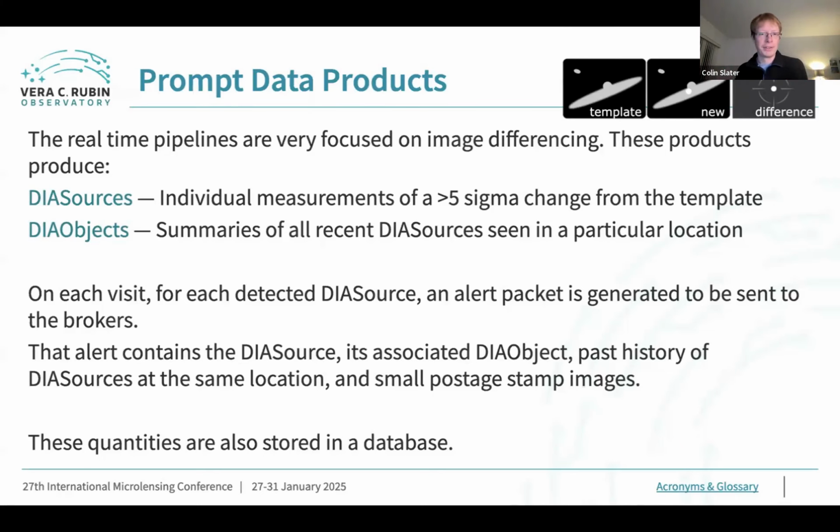So for each visit, for each DIA source, we will make an alert packet, and that has whatever we know about the DIA source, whatever we know about its aggregate, the DIA object, and it also includes a postage stamp of the template image and the difference image. And all of this will then go out to a set of brokers who will be able to provide amplifying information or filtering information and make that available to users. I think we'll talk more about the brokers later.